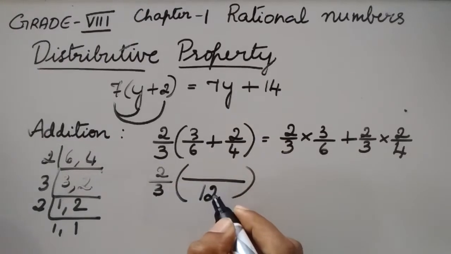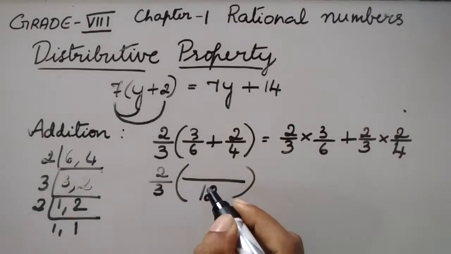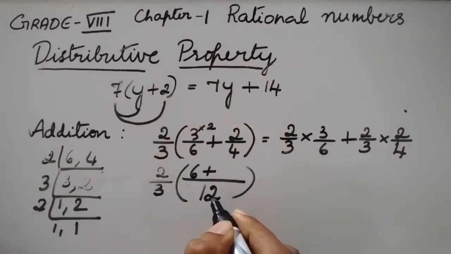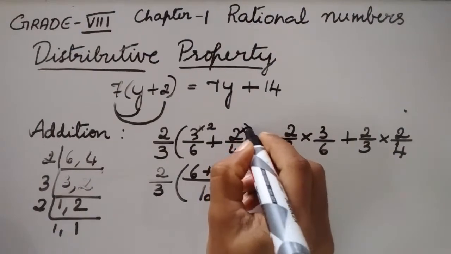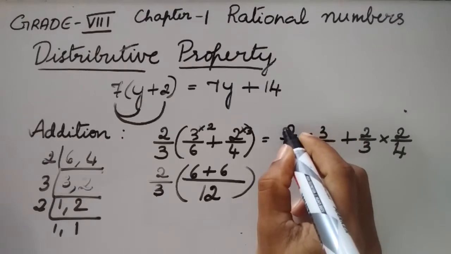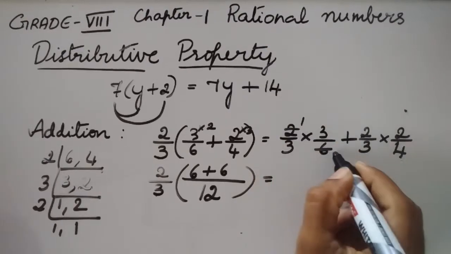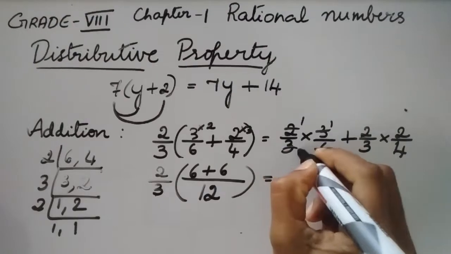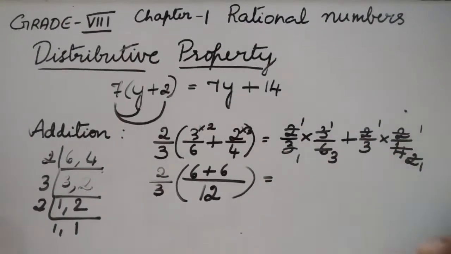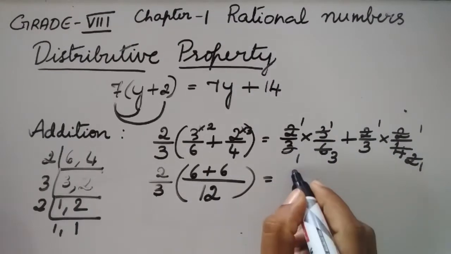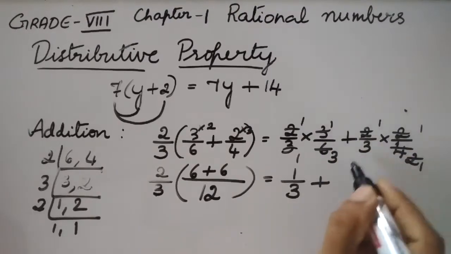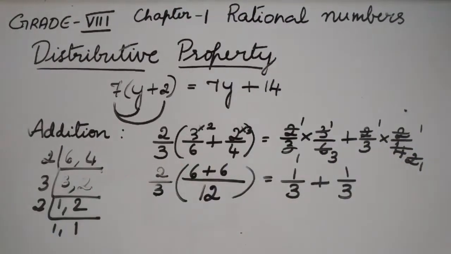So 6 how much are 12? 6 2s are. So 3 2s are 6 plus 4 how much are 12? 4 3s are. So multiply here, you get 2 3s are 6, and here I will cancel out this. 2 1s are 2, 3 3s are 6, 3 1s are 3, 1 1s are 2 2s are 4, 2 1s are and 2 1s are. So 1 by 3 is left here, plus here 1 by 3 into 1 by 1 is again 1 by 3.